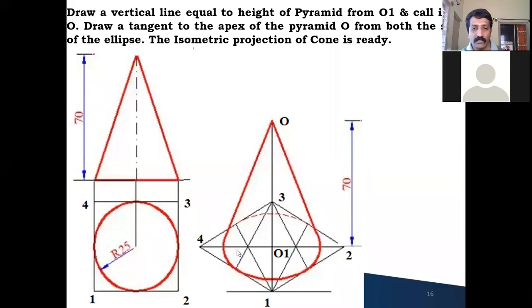This intersection you call the center of your ellipse, and from this center you draw a vertical projector like this. On this vertical projector line you take isometric 70, not the actual 70. You take isometric 70 from this O1 and cut this vertical line. Wherever it cuts, you call that O, the vertex or the apex of the cone.